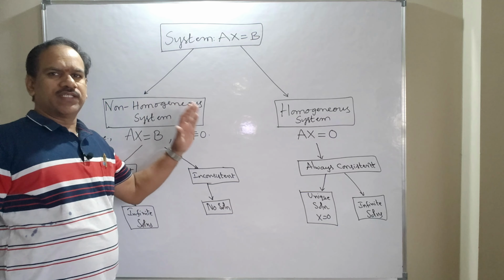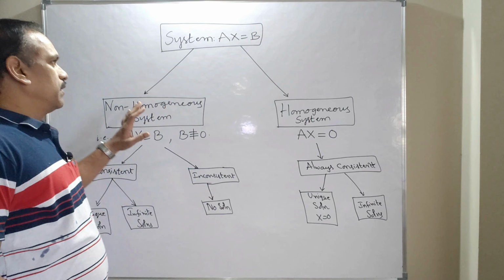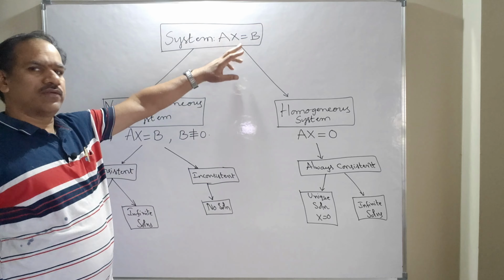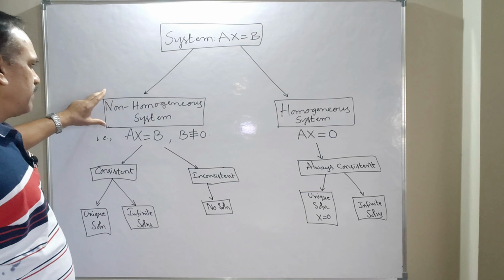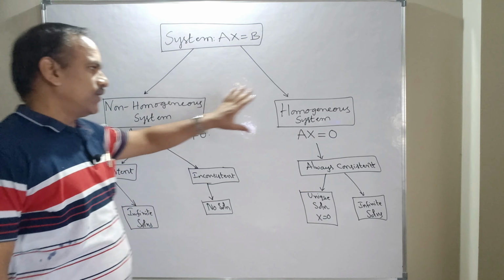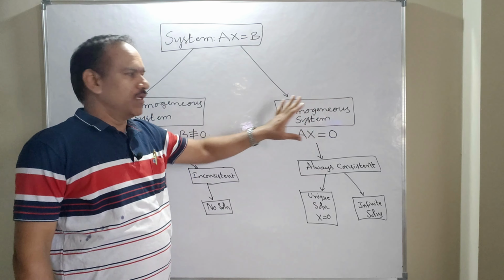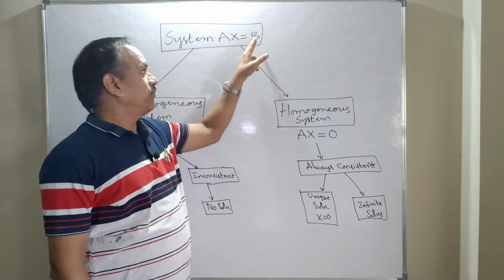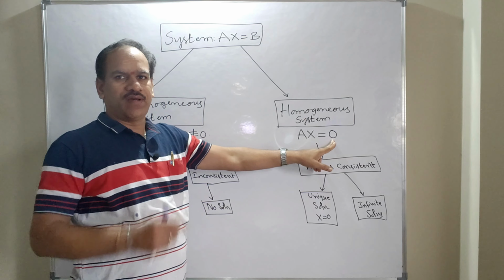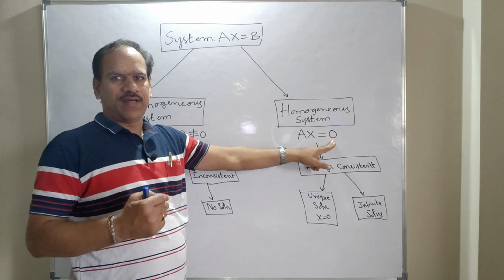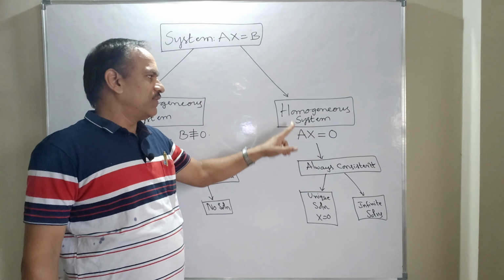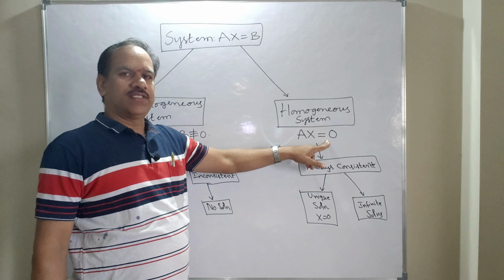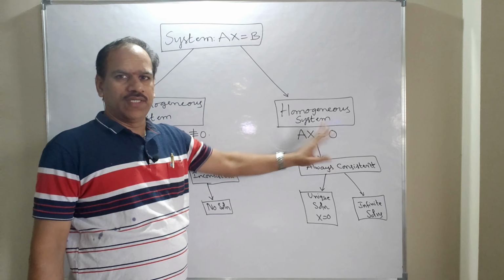So here is a classification of the system of equations. A system of equations Ax equal to B can be classified as non-homogeneous system of equations and homogeneous system of equations. So when do you say the system is homogeneous? If right hand side B is equal to 0, that means all B1, B2, Bn, Bi's are zeros, we call the system as homogeneous system of equations, Ax equal to 0.